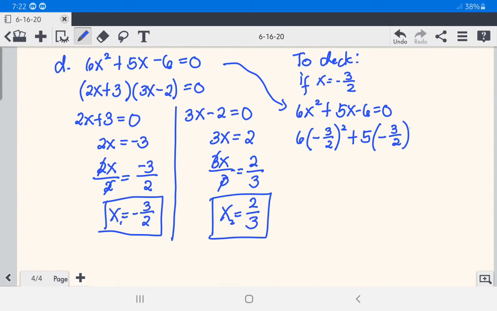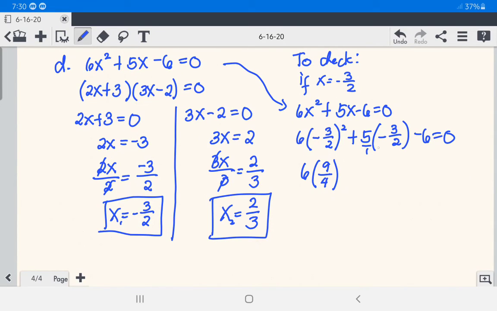Then minus 6 equals to 0. Then we simplify the number inside the parentheses. So we have 6 times negative 3 squared, that is positive 9. 2 squared, we have 4. Then, plus, we all know that the denominator here is 1. So we're going to multiply the numerators and then the denominators.